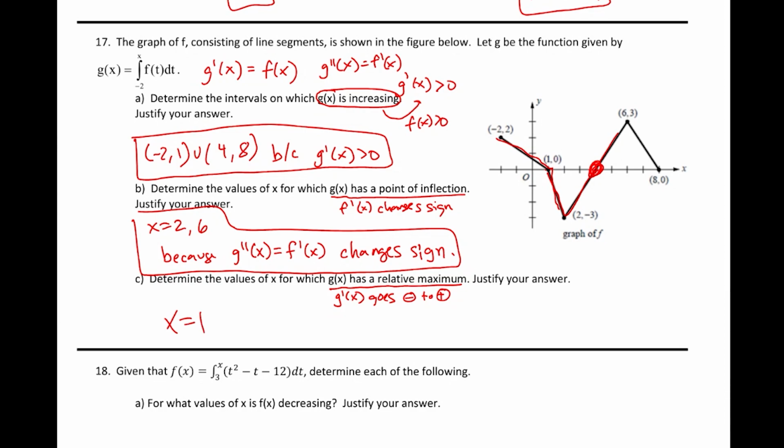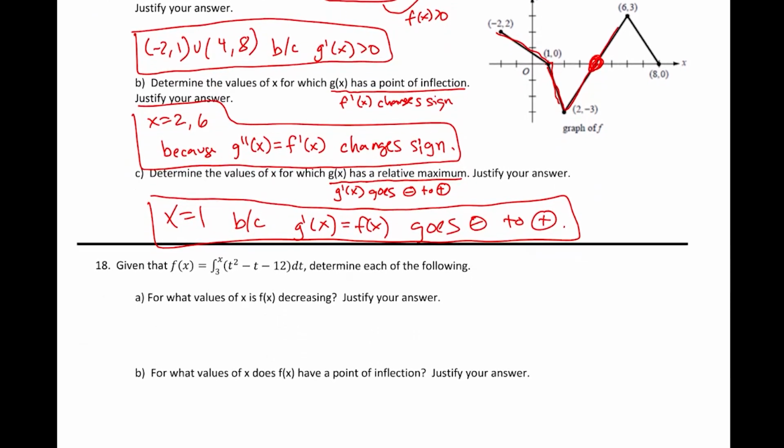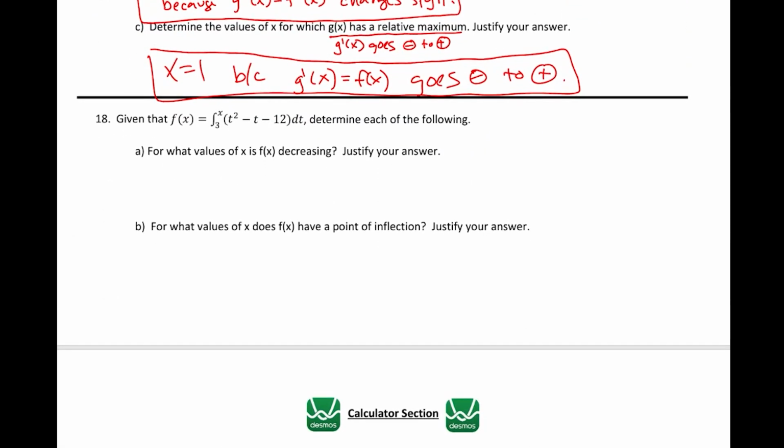And the reason for our justification here is because g prime, which again is f of x, goes from being negative to positive. It would be enough to just say g prime here, but it's kind of nice to say, well, how do you know that?